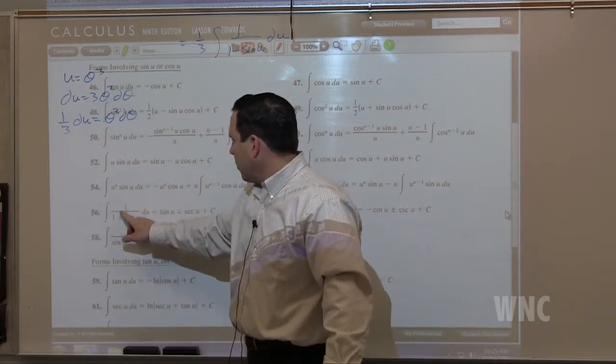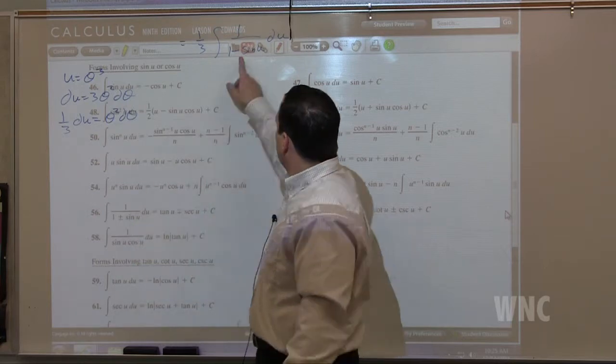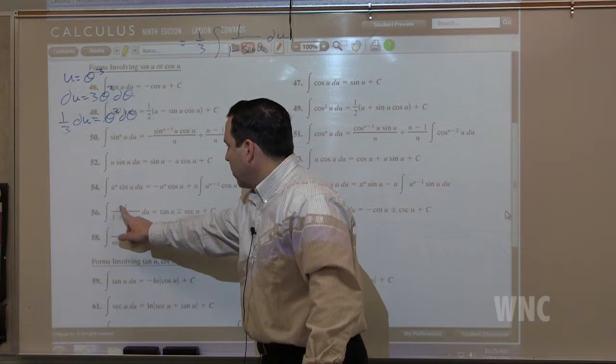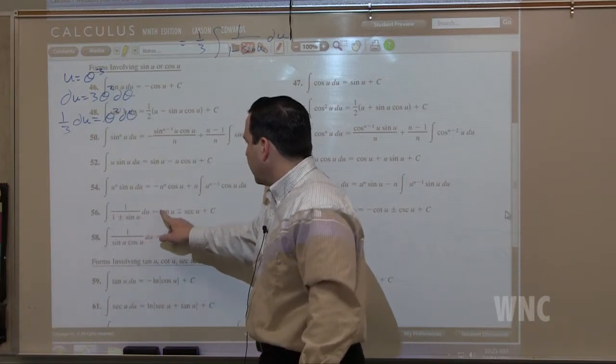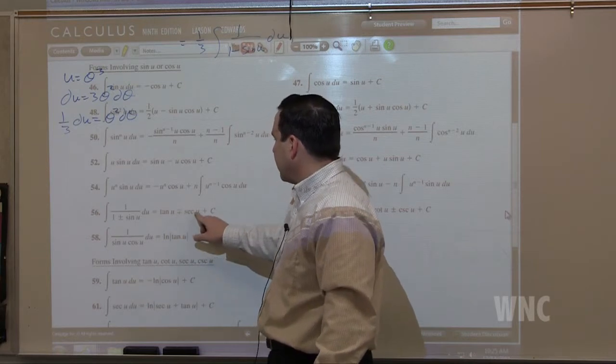Oh, and here's one. It's 1 over 1 plus or minus sine u. Hey, we have that. We have 1 minus sine u, so it's going to be the bottom. So number 56, 1 over 1 minus sine u will be tangent u plus, because we're doing the bottom of the two, secant u plus c.